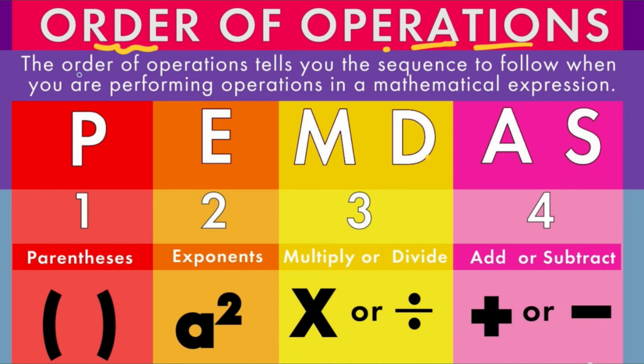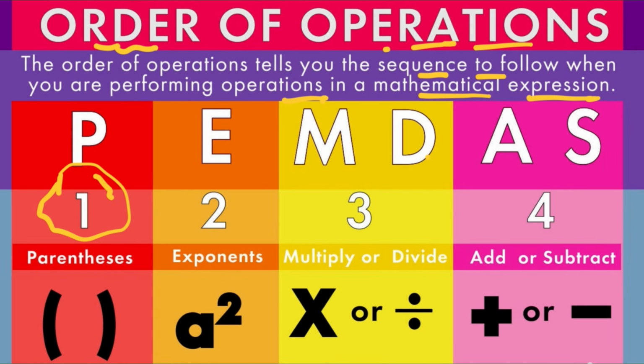So what does it say? The order of operations tells you the sequence to follow when you are performing operations in a mathematical expression. So it tells you which one to do first and which to do last, which to prioritize. So it prioritizes 4 elements, and you should solve them based on this order.